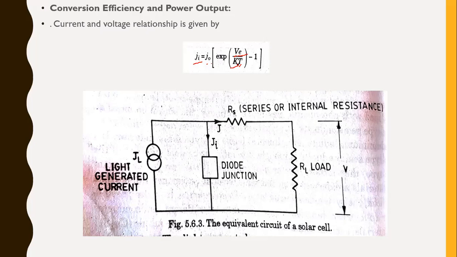These provide an electrical current flow across the junction. And the net current is the difference between the normal diode current and the light generated current J_L.